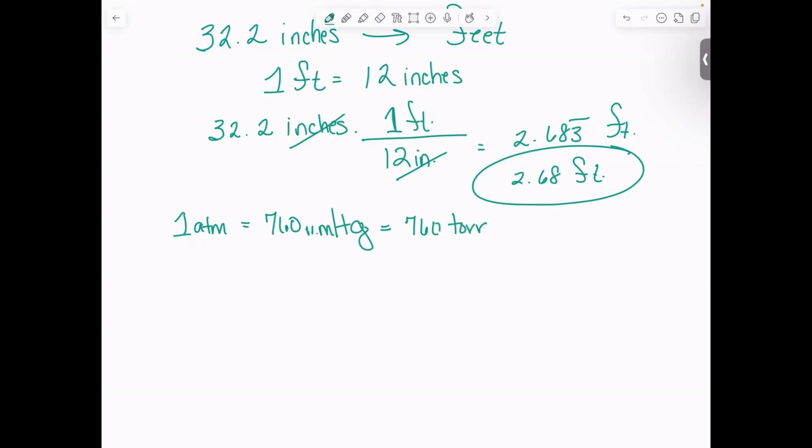I'll correct that here. So we have 1 atmosphere equals 760 millimeters of mercury, which equally converts to 760 torr.